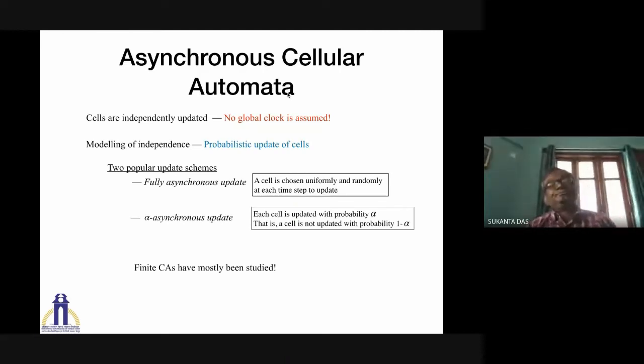I shall give an example of how it works and how it differs. I shall go into detail on this updating scheme, and in that detail we shall consider finite cellular automata only.